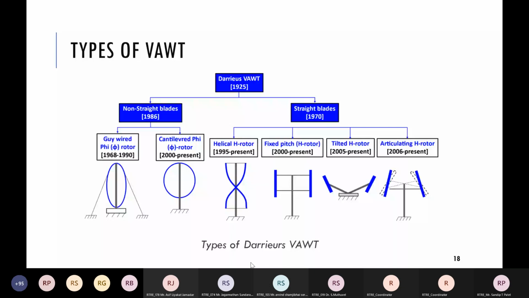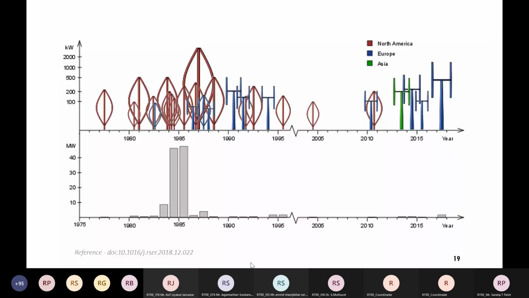The shape is chosen because of the balancing of stress. That is another area. Now, there are a few simple and complicated versions of this one. The most popular is the fixed pitch H rotor, which we call the straight bladed Darrieus turbine. More focus will be on the straight bladed Darrieus turbine because nowadays the research has moved toward it. So this is one timeline graph.